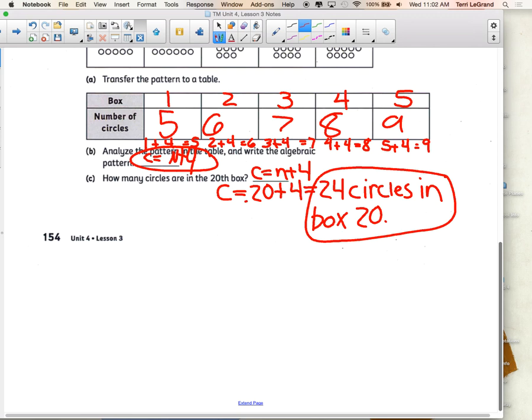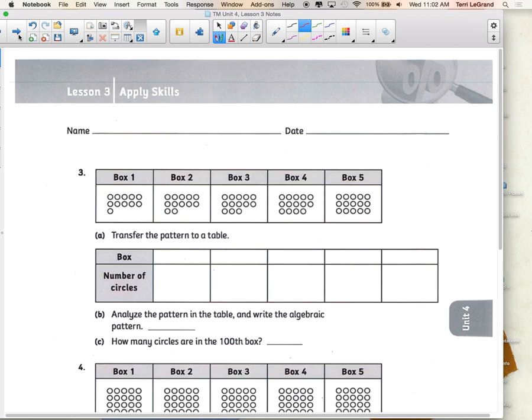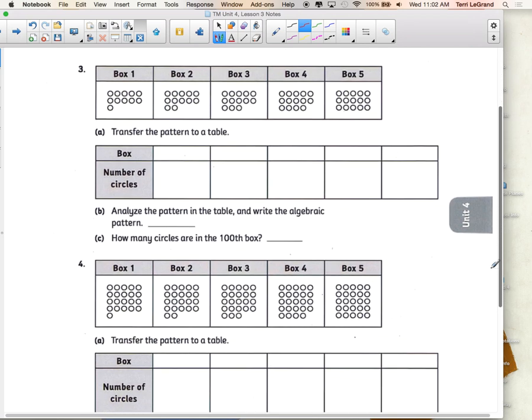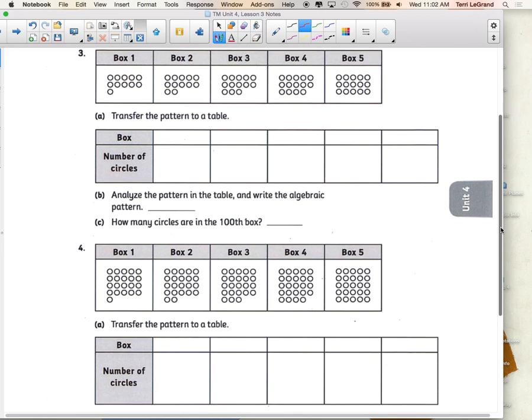Okay, let's go to the back side then. Start filling out the table. Let's practice a couple more. Start filling out the table first of all, that'll help. Let's find the pattern.